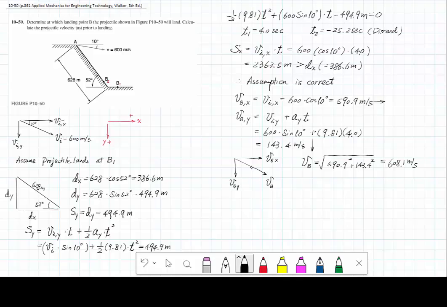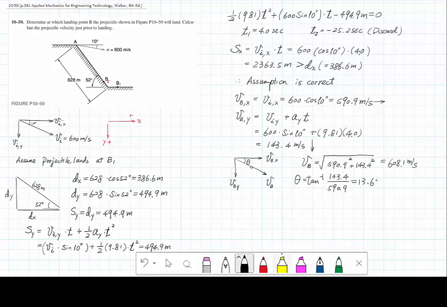I call this one theta. So the angle theta equals tan inverse, okay? And we just need the magnitude here. So VBY, which is 143.4, over VBX, which is 590.9. So this equals 13.6 degrees.